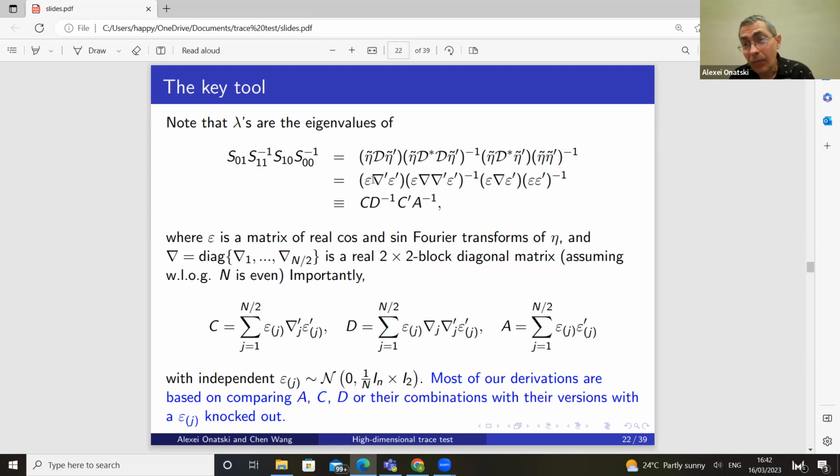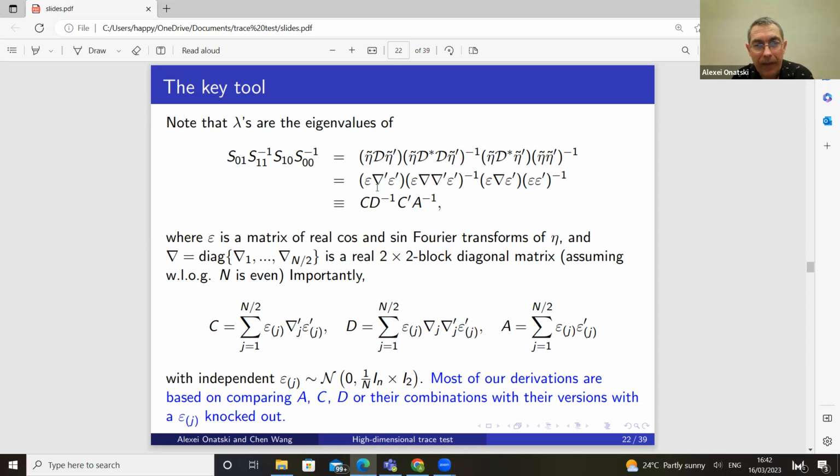And this comes at a cost, because the diagonal matrix becomes block diagonal with 2 by 2 blocks. Okay, and if I'm doing this, these epsilons now become real sine and cosine Fourier transforms of the noise, and delta will be a block diagonal matrix instead of a diagonal matrix.